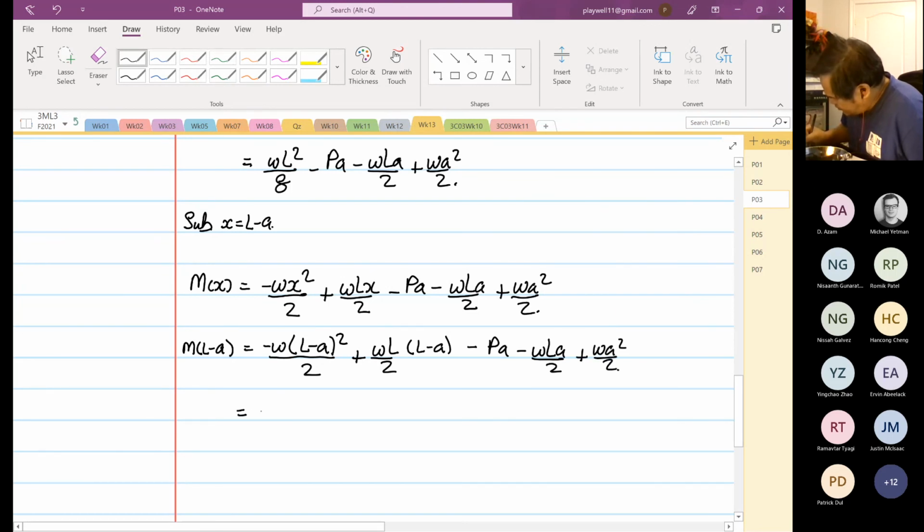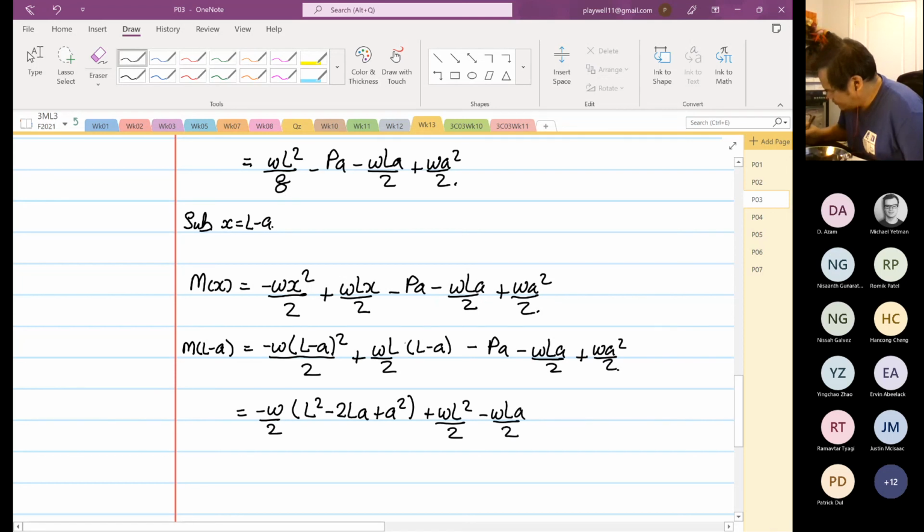So this will be minus omega over 2 times L squared minus 2LA plus A squared, plus omega L squared over 2 minus omega LA over 2. Minus PA is the only term that we want left standing. Minus omega LA over 2 plus omega A squared over 2.